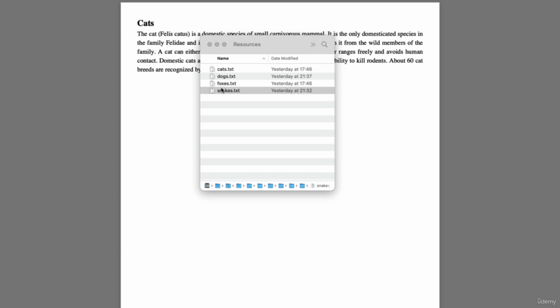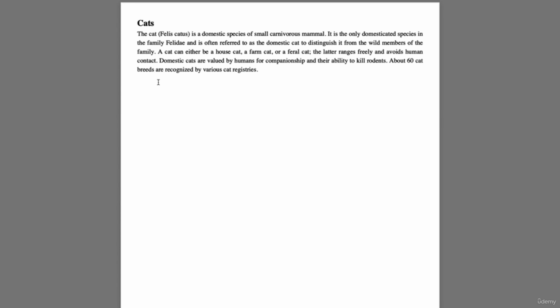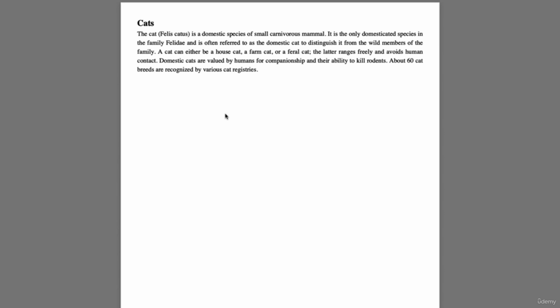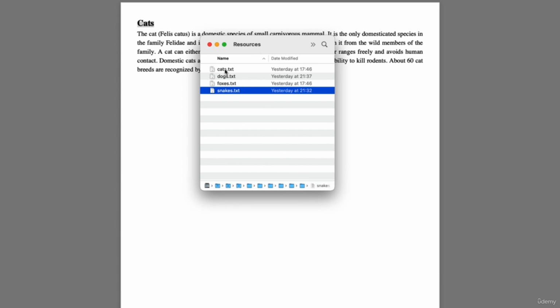You should create a program which produces one PDF document of multiple pages, and each of the pages will have this kind of information. First it has the name of the text file. So if the text file name is cat.txt, here it should be cats with a first capital letter.